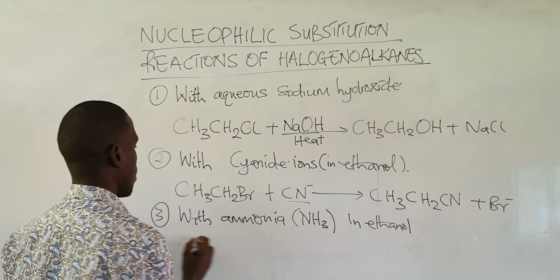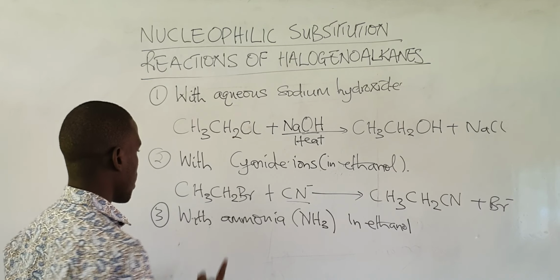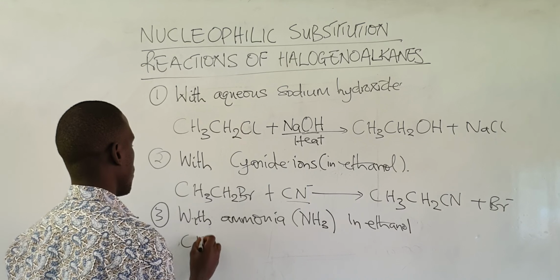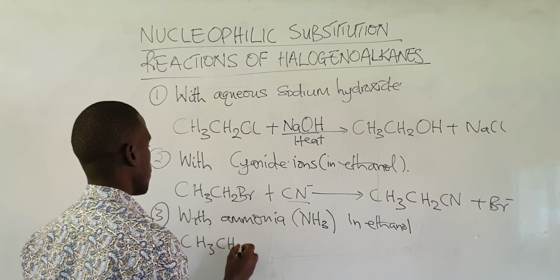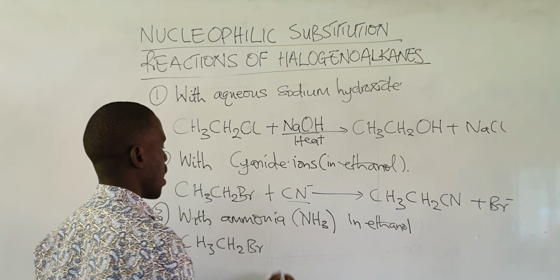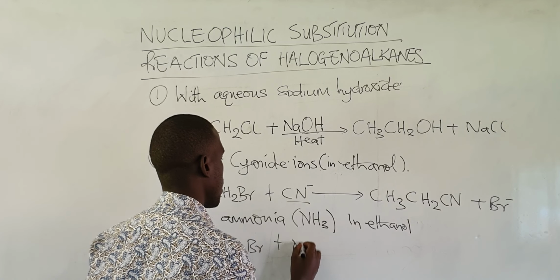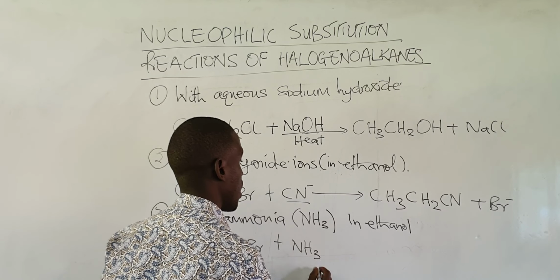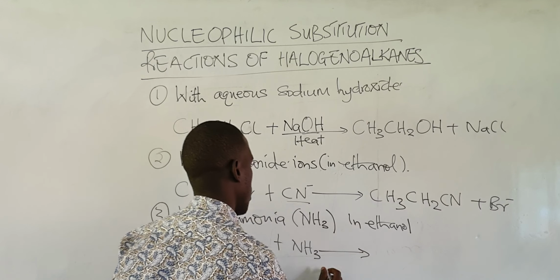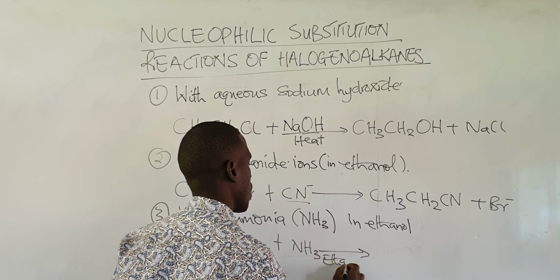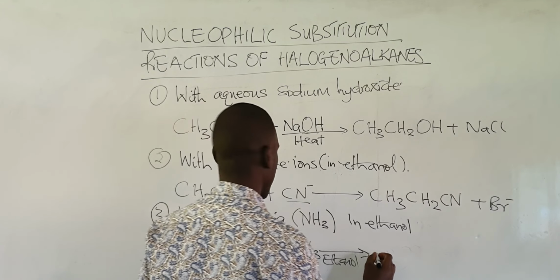So when you have a halogenoalkane, again take for example CH3CH2Br reacting with the ammonia in ethanol, what do we form?